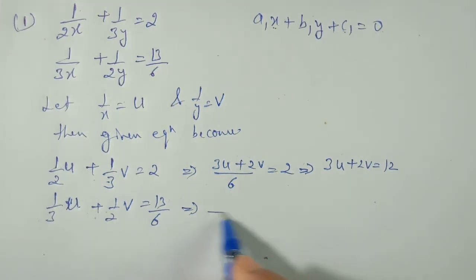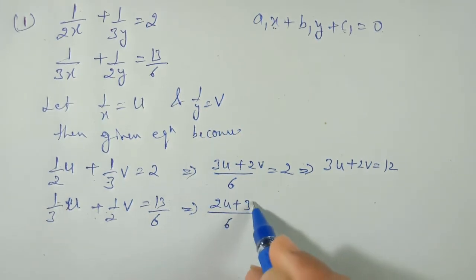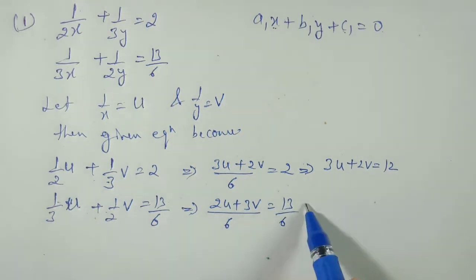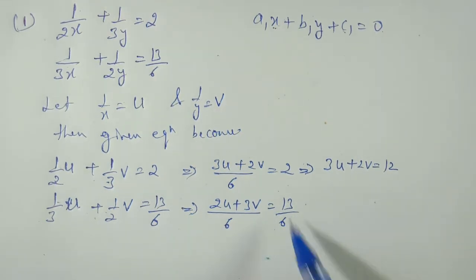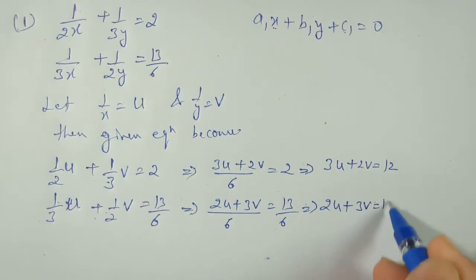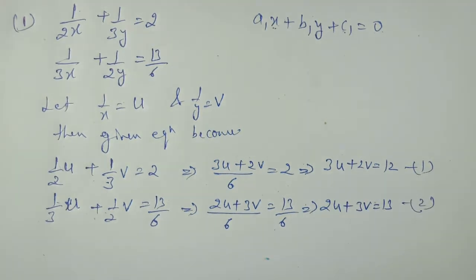The same way here also we have to take the LCM, 3 into 2, 6. This will become 2u plus 3v equal to 13 upon 6. And when we take 6 to the other side, 6 and 6 will be cancelled, so it will give 2u plus 3v equal to 13. So let this be the first equation and let this be the second equation.